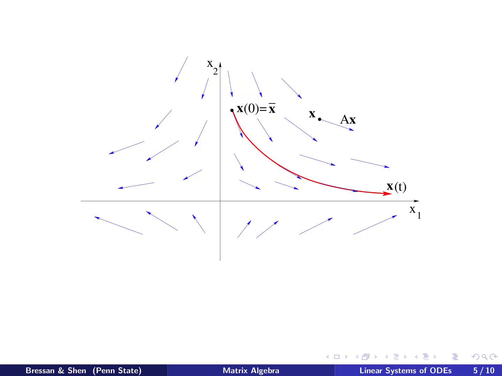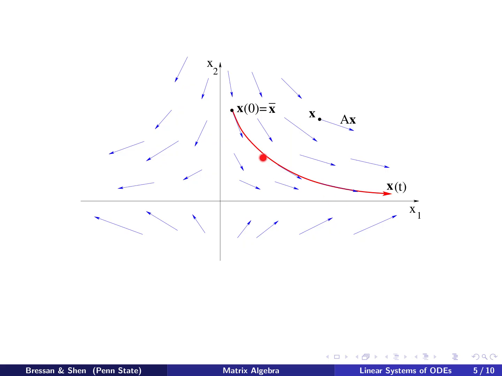Let's say now we have an initial condition here, so x(0) at that point is x bar. How does the solution evolve? At that point, we see that the vector field is pointing downwards. So you're going down, and as you go further down, the vector field gets a bit less steep and gets more and more horizontal.